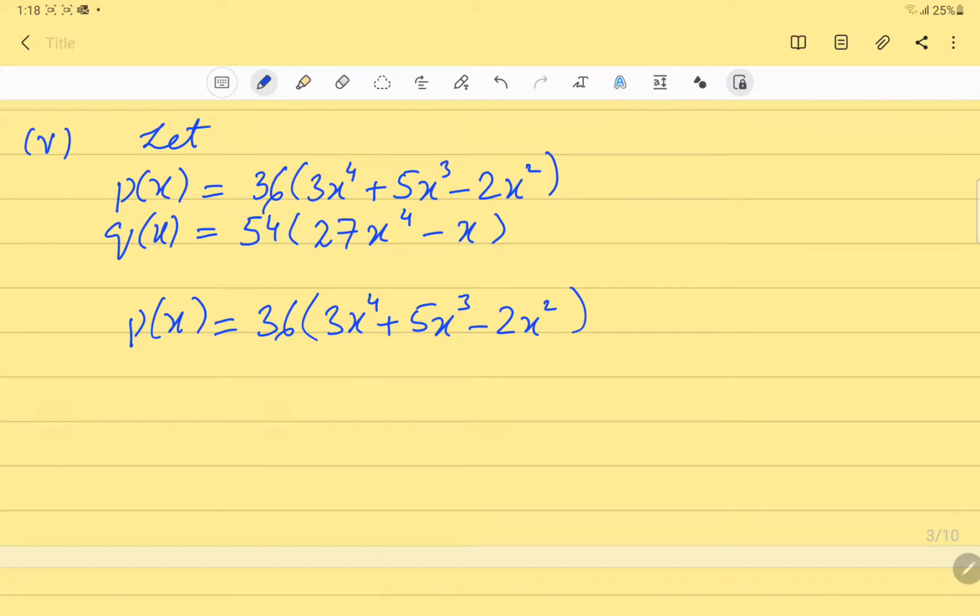Here you can see that x squared is common in all the three terms inside the bracket, so we will take it common. So we are left with 3x squared plus 5x minus 2.